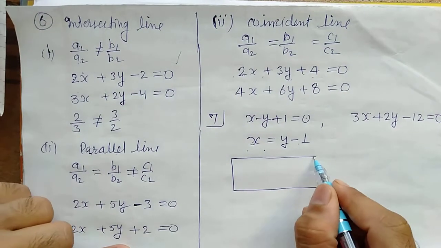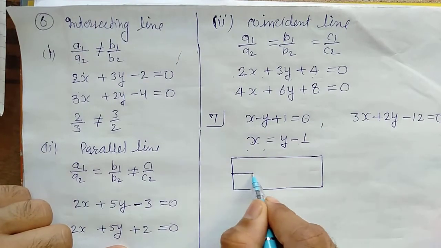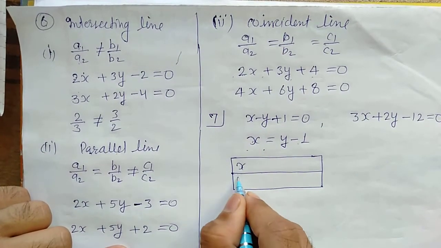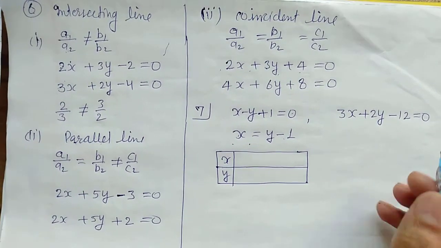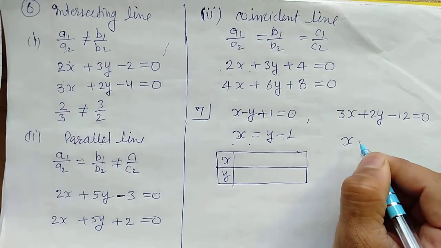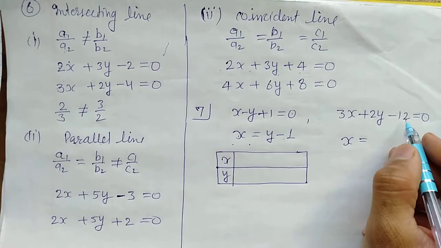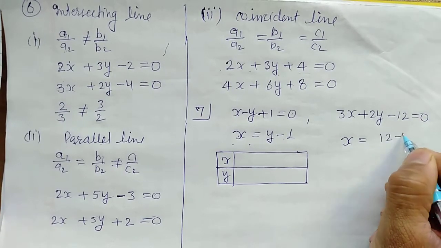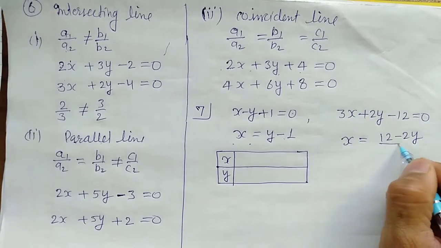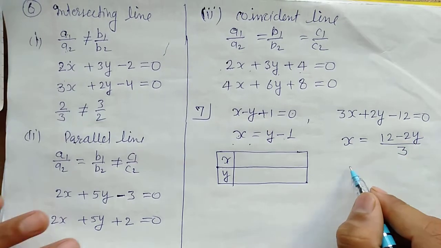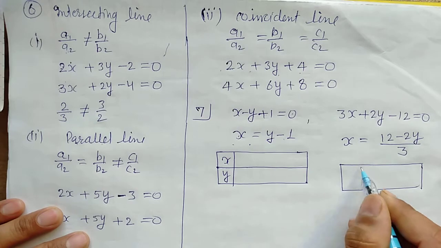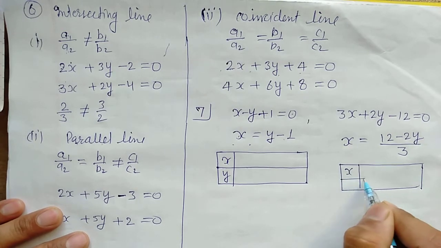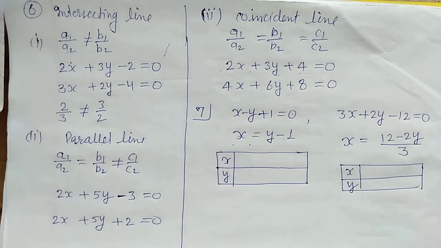This is the table for this equation, x and y, and here let's solve. When we solve it, what will come? x equals, by transposing, 12 minus 2y and divide by 3. This is the table of the second one, x and y.